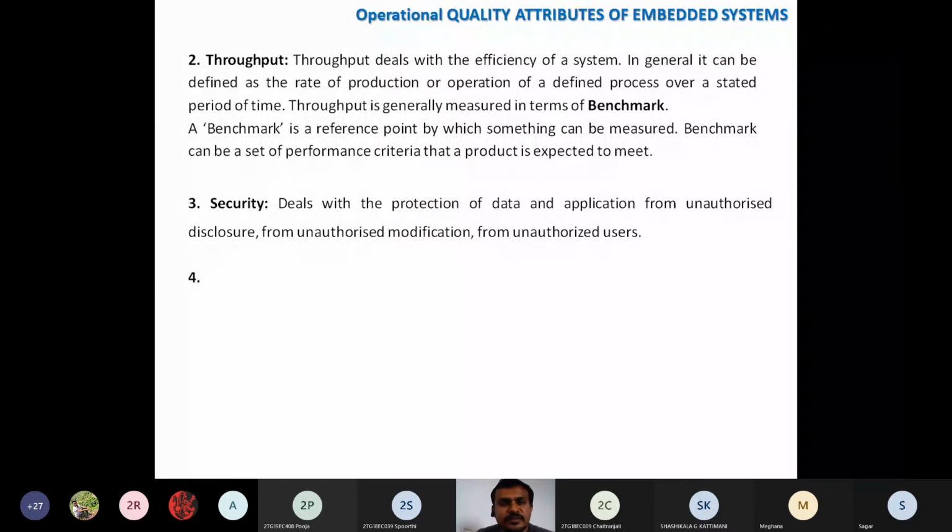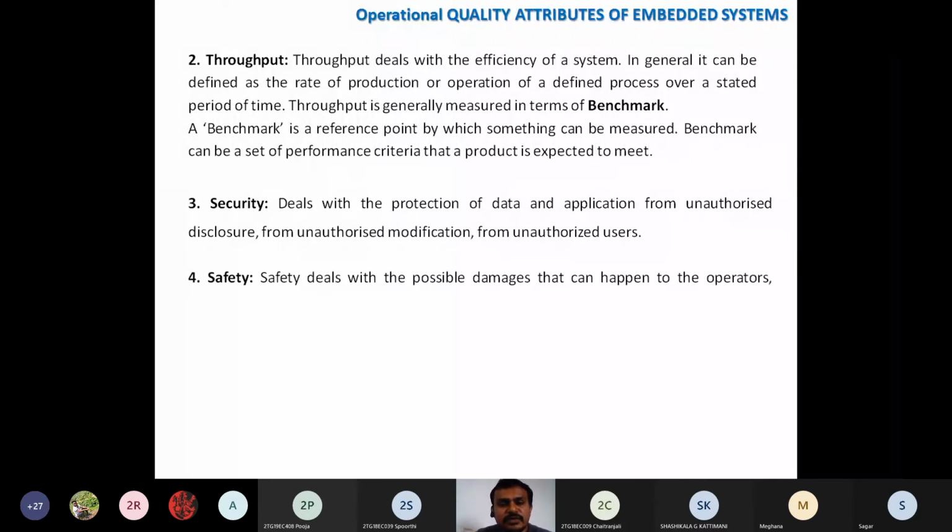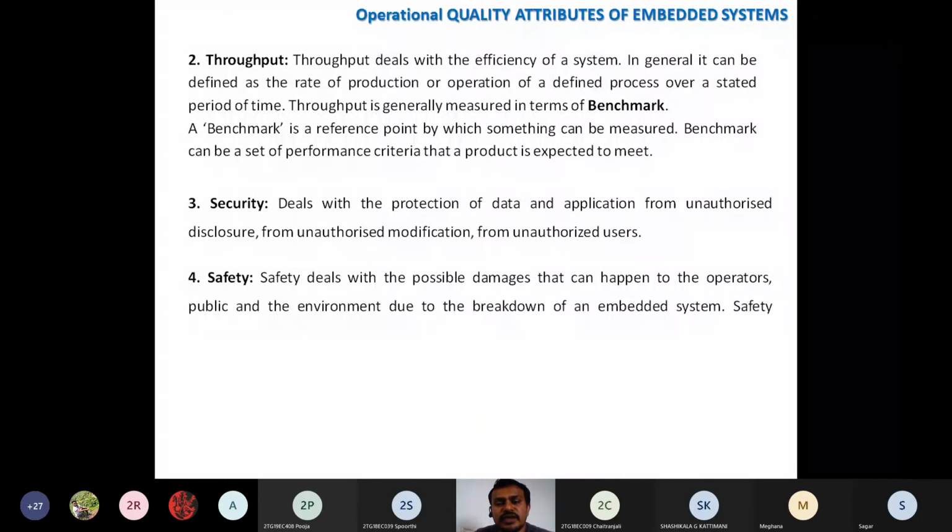Then comes safety. Safety deals with the possible damages that can happen to the operators, the public, or the environment due to the breakdown of the embedded system. So safety is nothing but what?